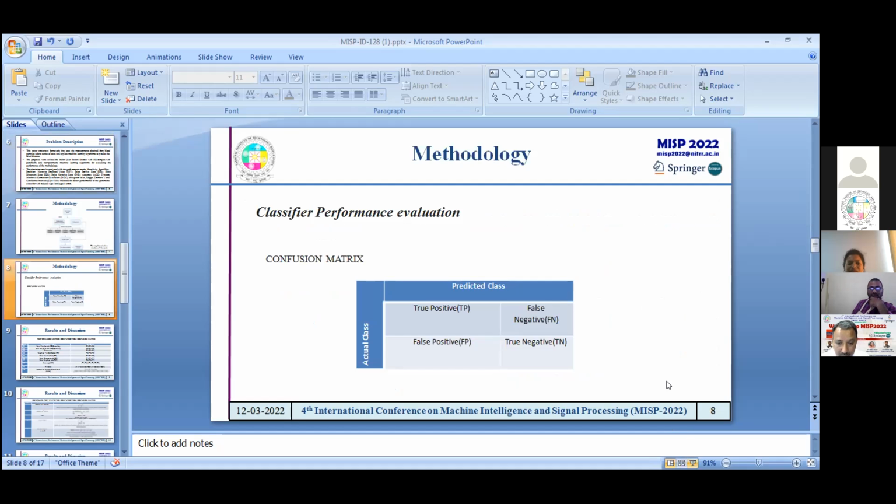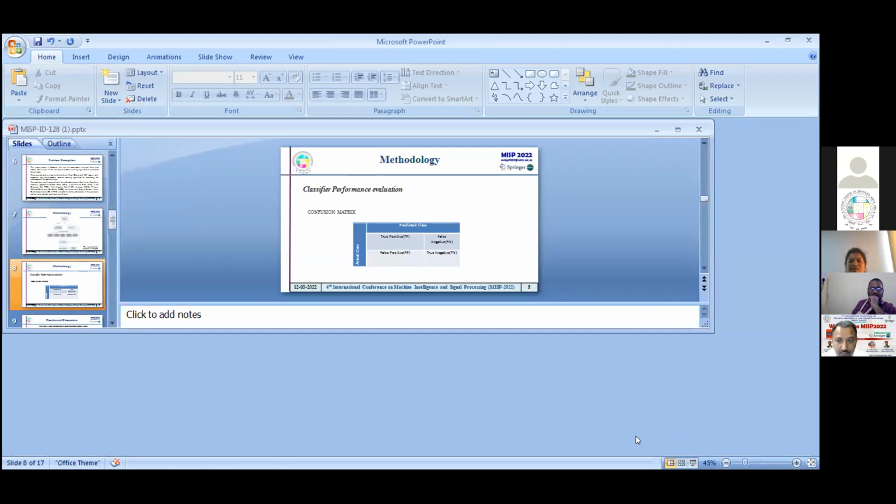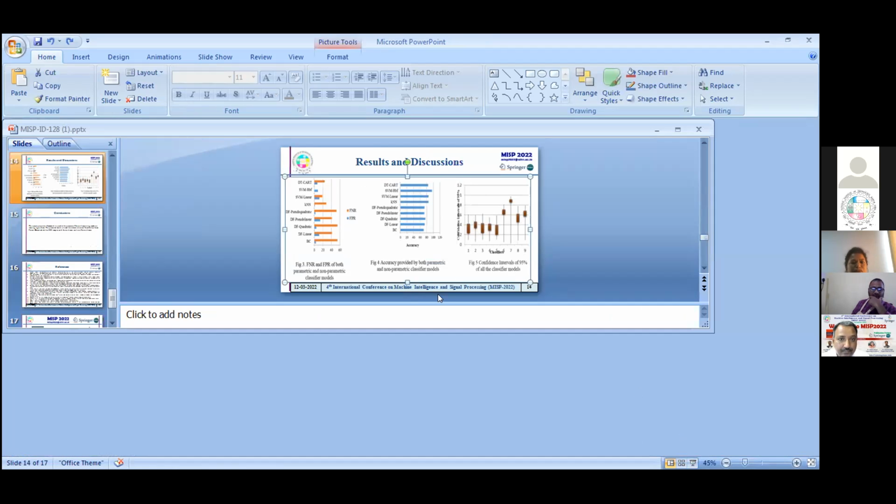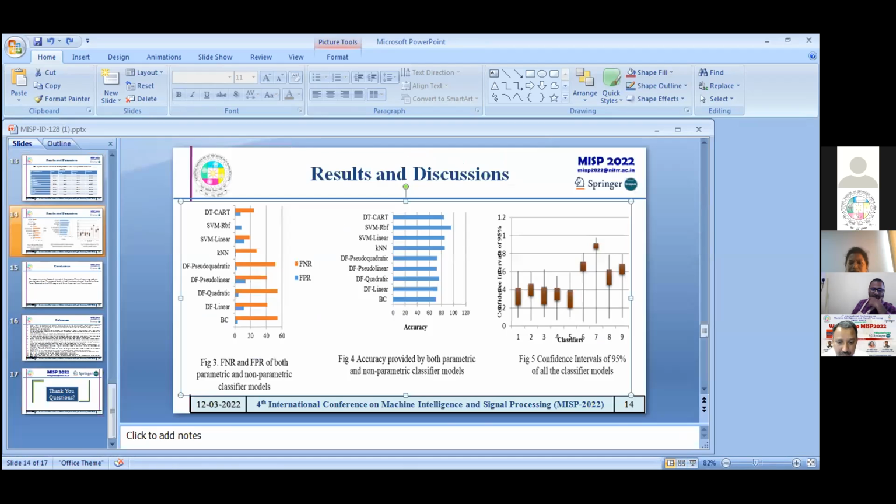Can you press Control F5? Yes. Now it is reduced. I'll go to full screen. Now we are able to see.